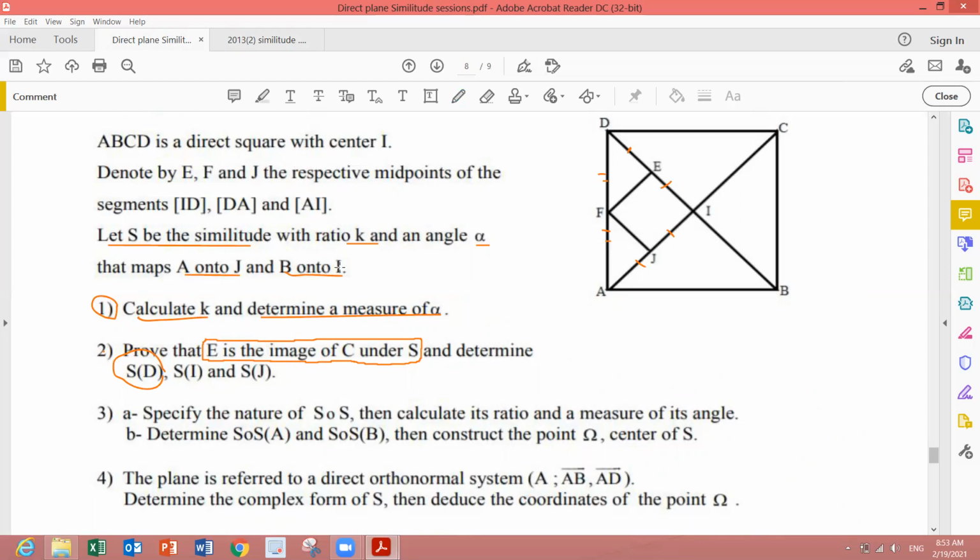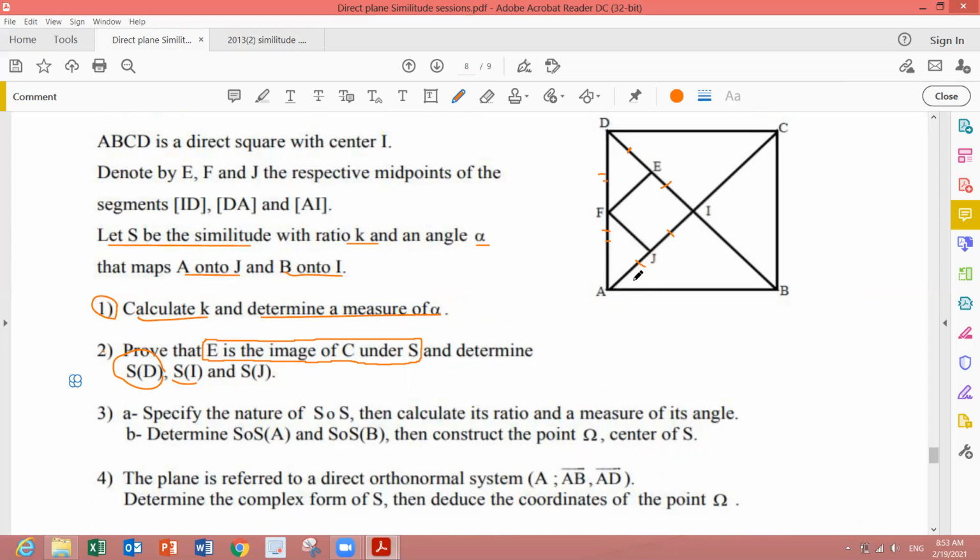Now we are going to determine S of I. I is the center of ABCD, then S of I will be the center of IEFJ.